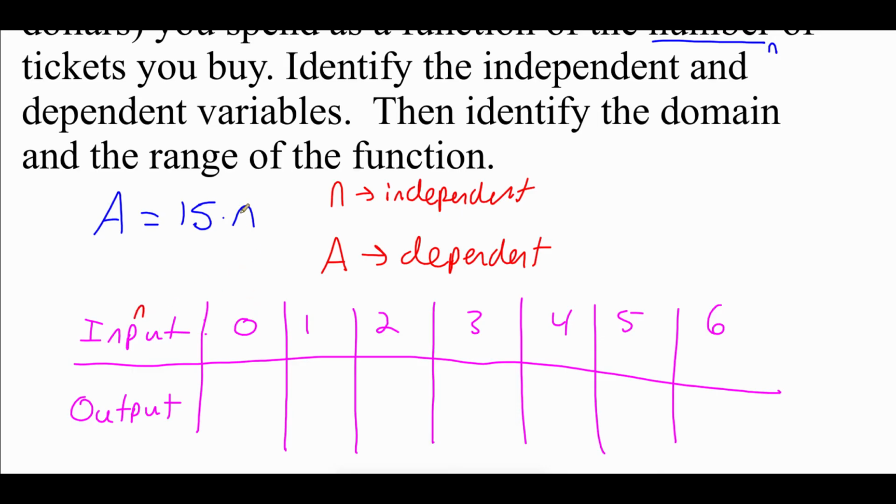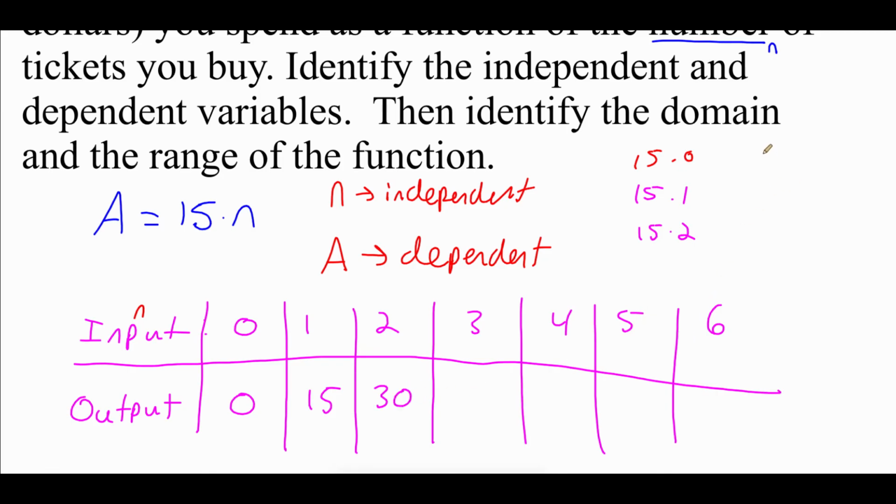So the first thing I'm going to do is plug in 0. So 15 times 0 should give me an output value of 0. If I plug in 1, well, 15 times 1 is 15, so I get 15 there. If I plug in 2 for that n value, 15 times 2 is going to give me an output value of 30.